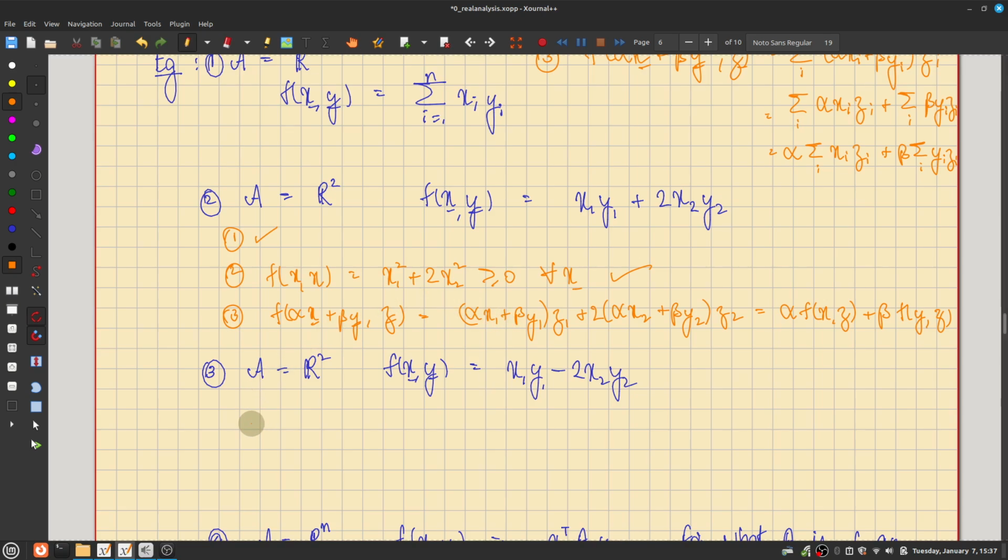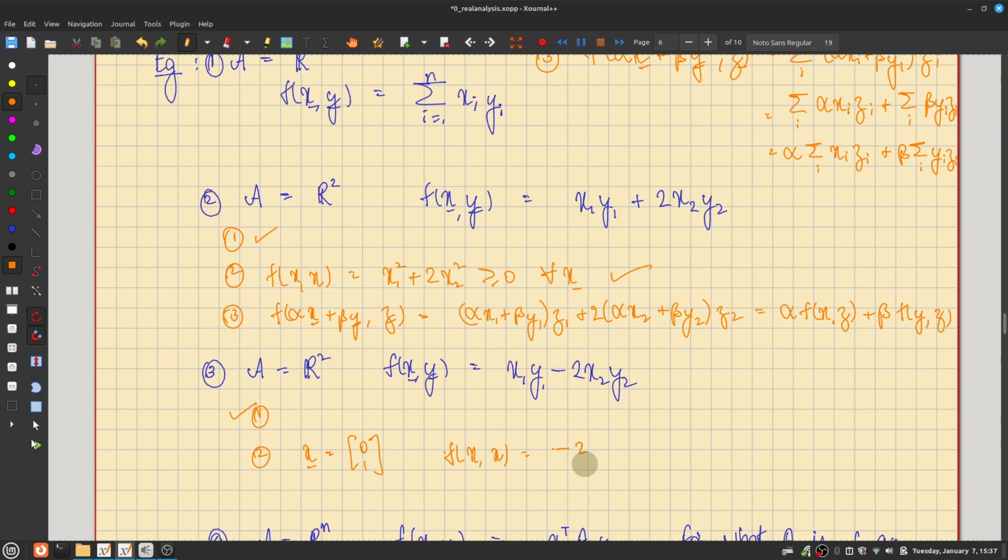All right. So the first property is satisfied. Is it symmetric in x and y? It is symmetric, that's not a problem. What about the second property? It can be negative, right? For example, if I just take the vector x equal to, say, (0, 1), f of x comma x is minus 2, which is less than 0.